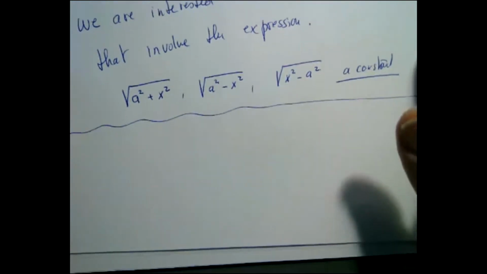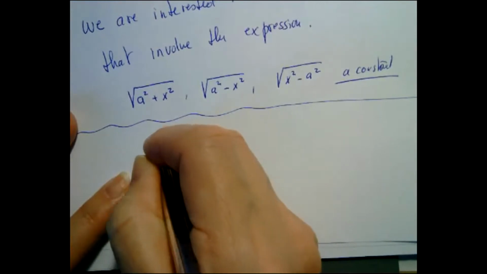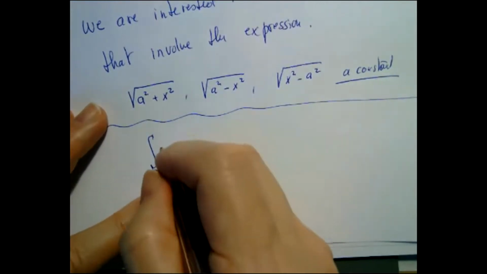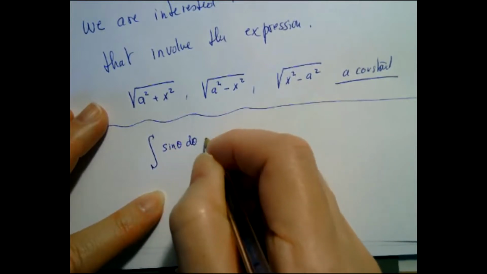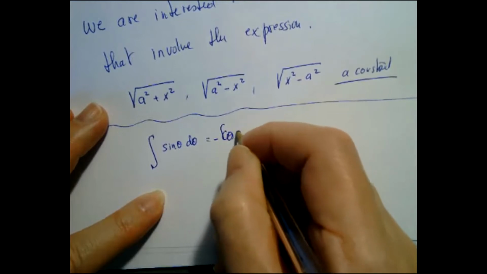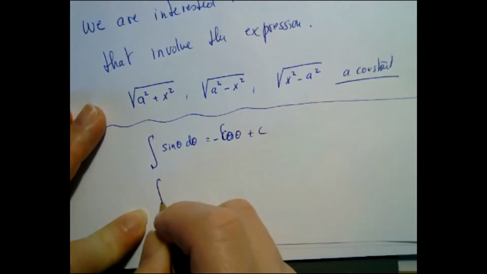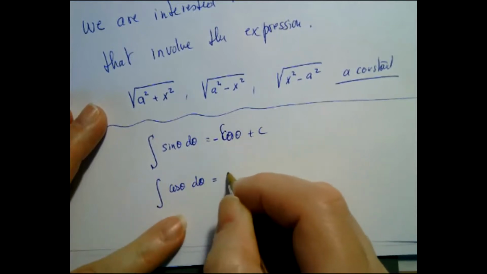Eventually, you will see how this will come up in a minute. So I need to establish the antiderivative of all the trig functions. We know the sine: that's minus cosine theta. We know the cosine: it's sine theta.